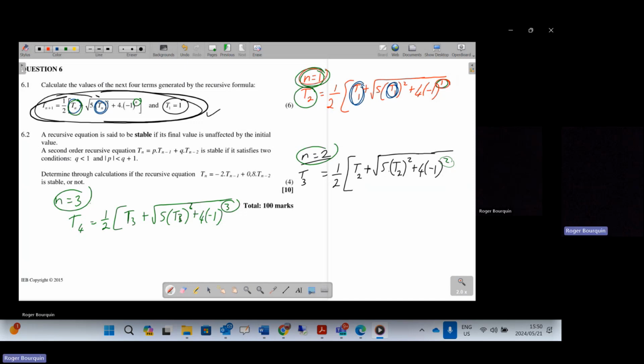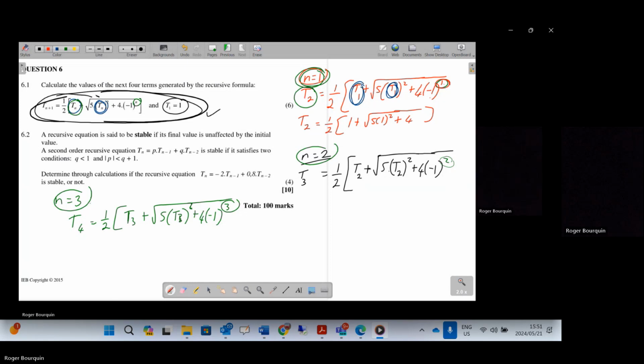So we end up with term 2 is equal to a half times term 1, which is 1, plus the square root of 5 times 1 squared plus 4 times minus 1 to the 1.